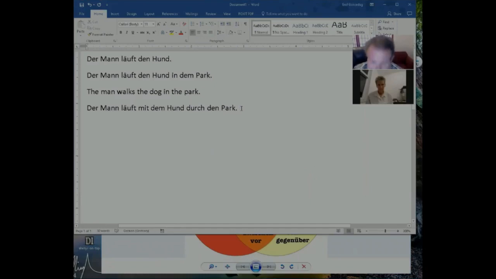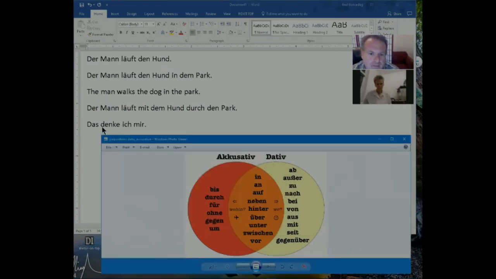Take a look at this. You have this type of sentence. Do you understand this one? I don't.